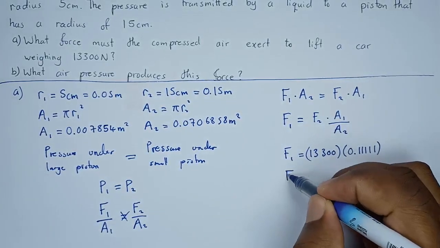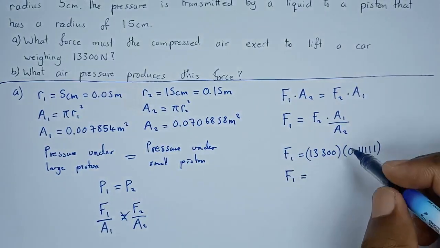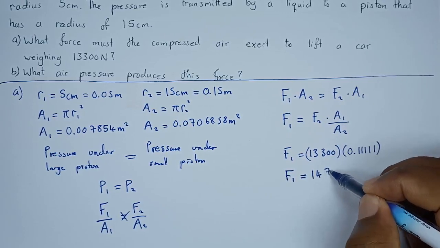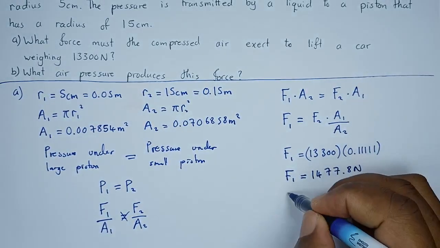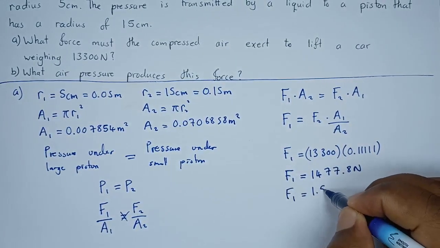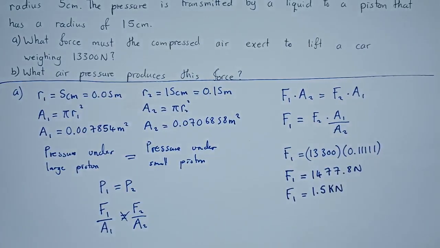So the value of F1 will be 1,477.8 approximately. So F1 is approximately 1.5 kilonewtons. So there we have it.